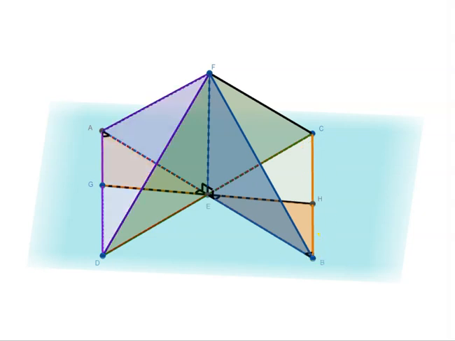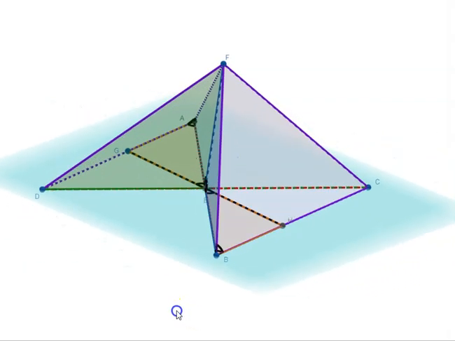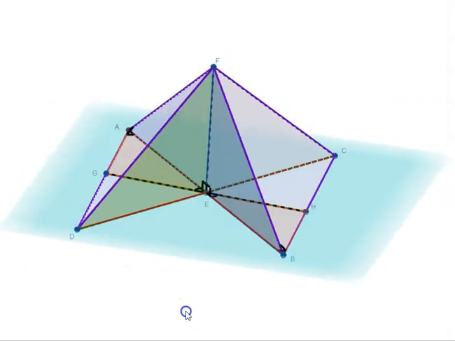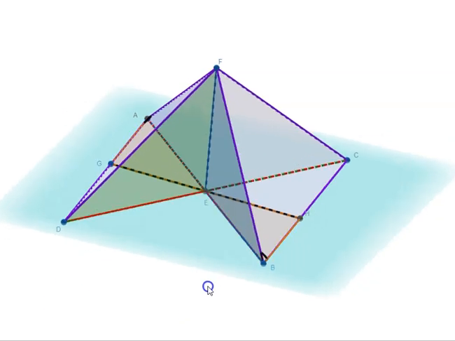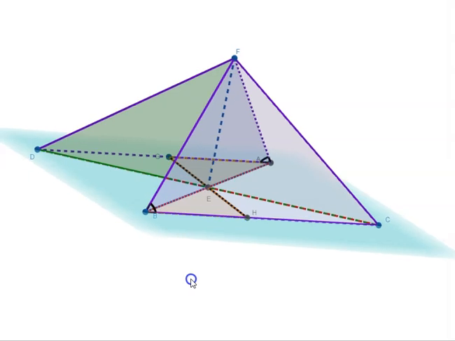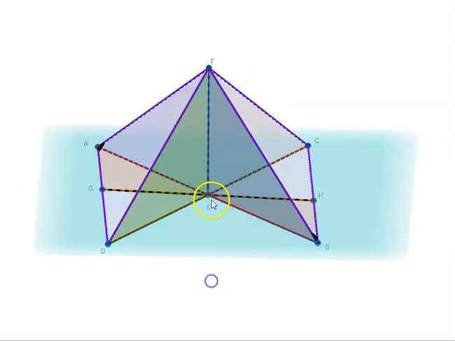That means these two triangles are also congruent. So if these two triangles are congruent, it means angle FAD is equal to angle FBC. So if I rotate it, it will become clear. I'll have to hide those angles now. Okay, now I think it should be clearer. Yes, these two angles are equal.